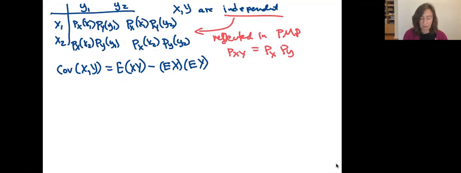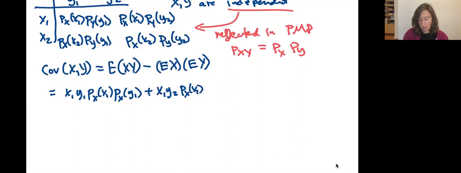And then I can subtract off the means. So just going about that, working on the expectation of the product of X and Y. Well, it can be x1, y1, and that happens with this probability, plus x1, y2 times the probability that X is x1 and the probability that Y is y2, plus x2, y1 times those probabilities. I'm going to go to the next line here.